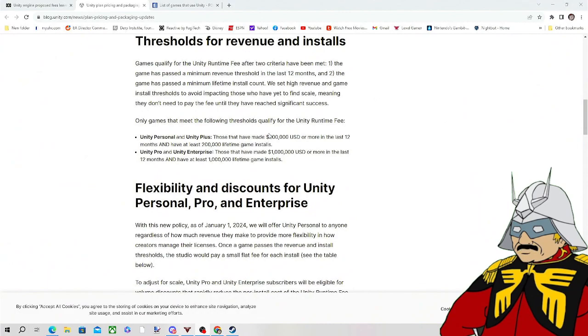Those who have made over 200,000 US dollars or more in the last 12 months and have at least 200,000 lifetime game installs. Unity Pro and Unity Enterprise, those who have made 1 million US dollars or more in the last 12 months and have at least 1 million lifetime game installs.